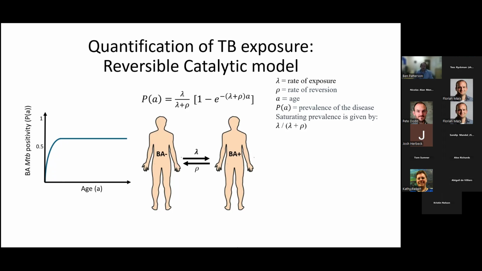So this is the model we're using: a saturating exponential function that uses the rate of exposure and the rate of reversion to establish seropositivity for a given age. And then lambda over lambda plus rho is the saturating prevalence.